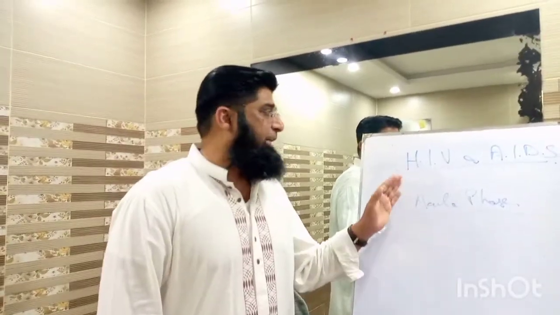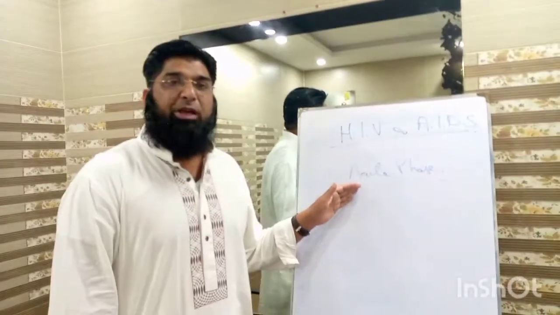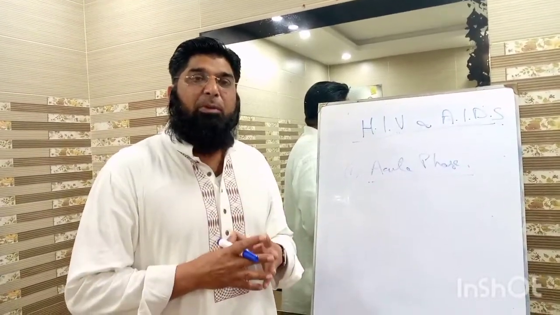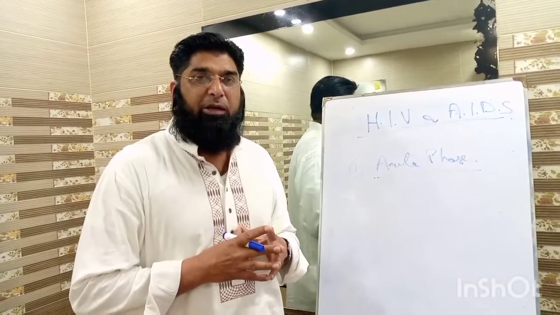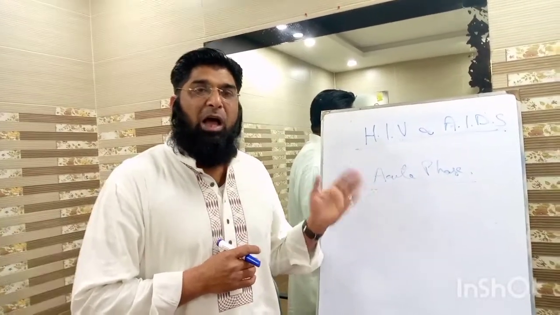We continue with clinical phases of HIV and AIDS. In the acute phase of HIV viral infection, the viral replication load is very high. Clinical signs and symptoms I have already told you.